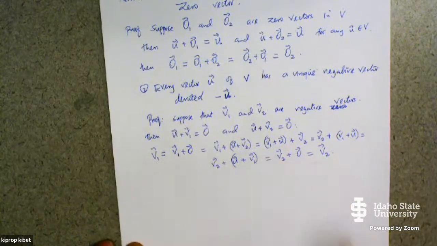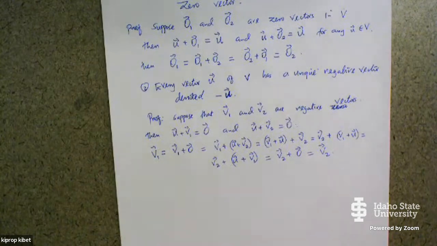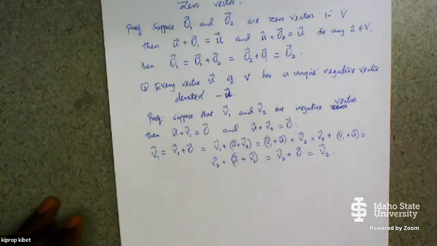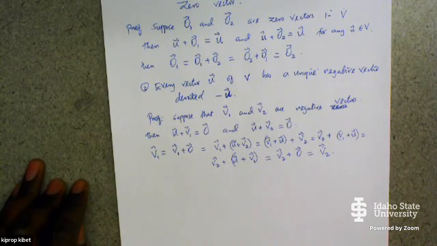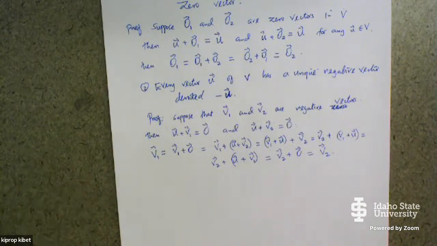So v1 equals v2, which shows that it is unique. It's crazy, right? These are what we do in pure mathematics. Prove something and then you look at it and you're like, what nonsense are you doing here?